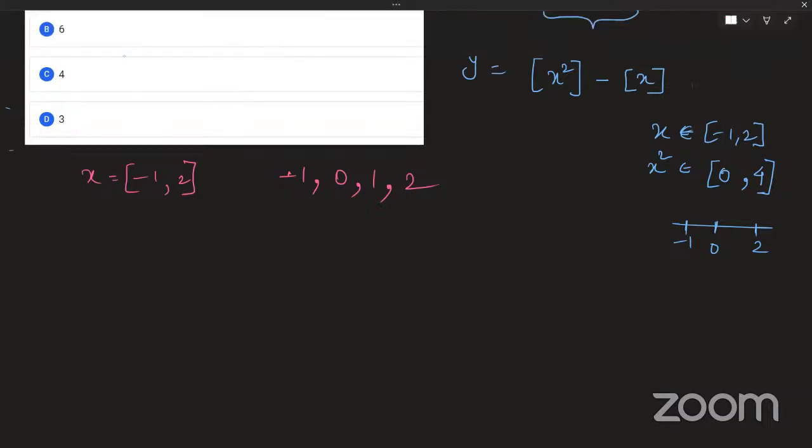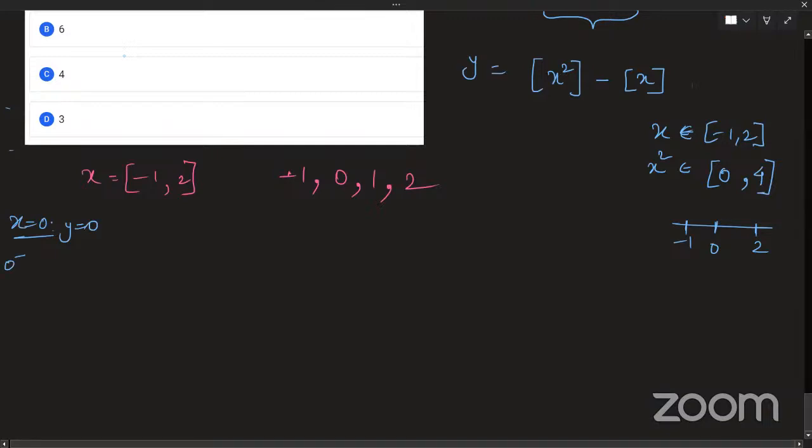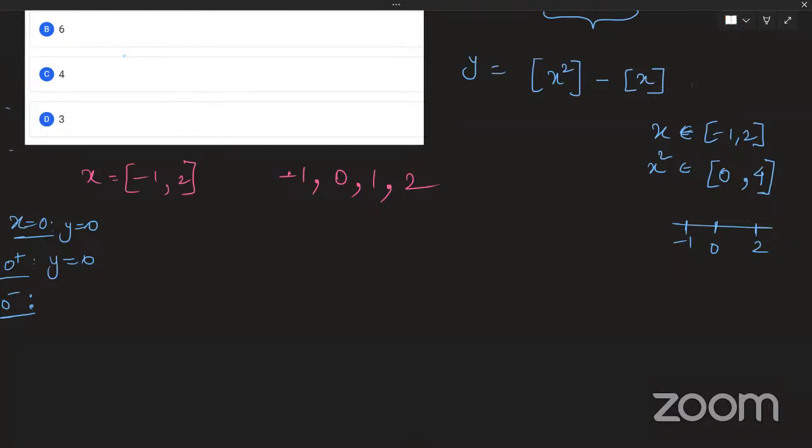Tell me, if x is equal to 0, what will be the value of y? 0, sir. What about 0 plus? You take a value that's just greater than 0. Where will it go? 0. Great. What about 0 minus? This is a special case, I think. See, 0 minus. So what will be the square of that thing?